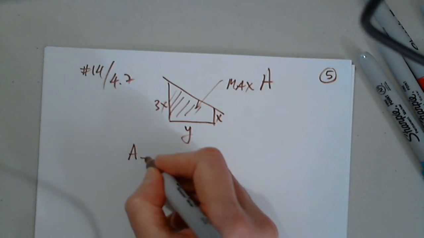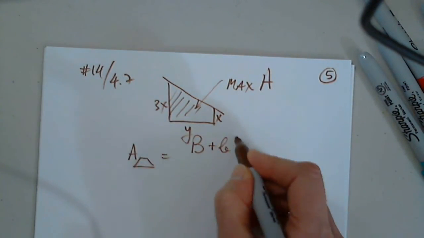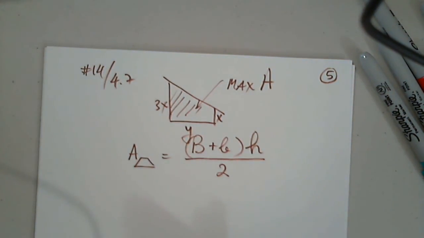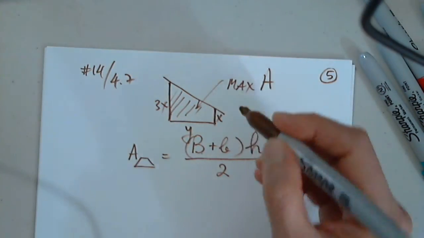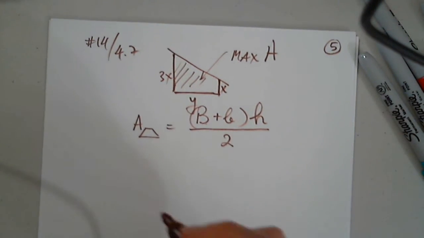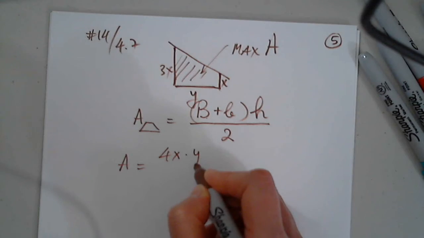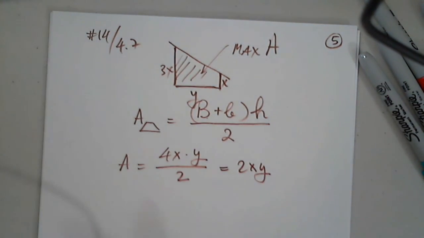The area of a trapezoid is the big base plus the small base, multiplied by the height, divided by 2. The big base will be 3x, the small base will be x, the height will be y, so the area will be 4x times y, divided by 2, or 2xy.